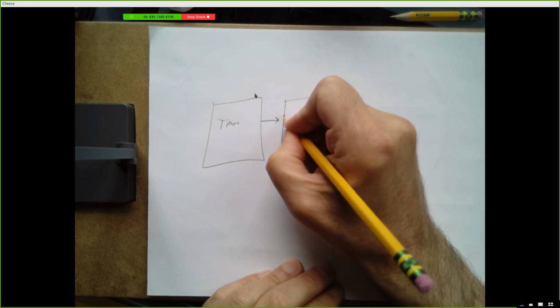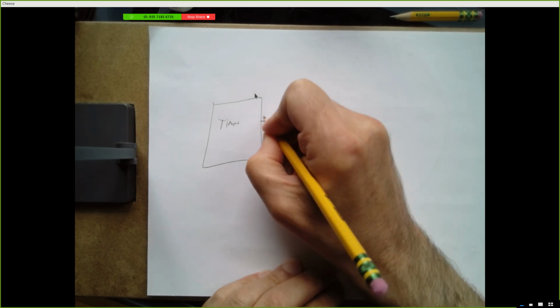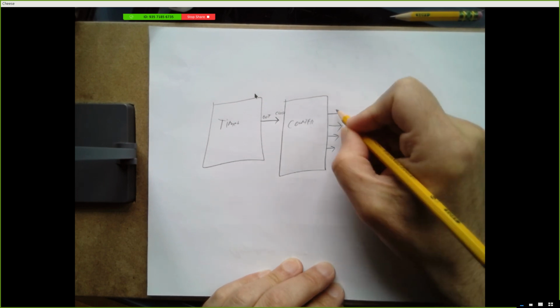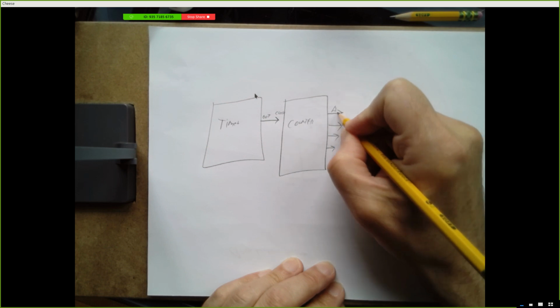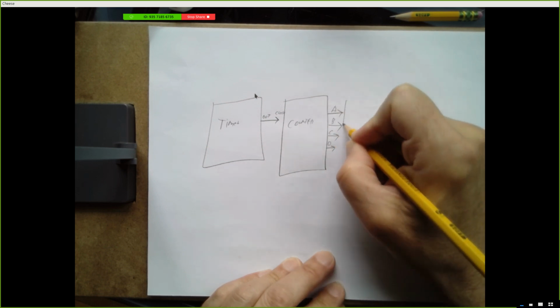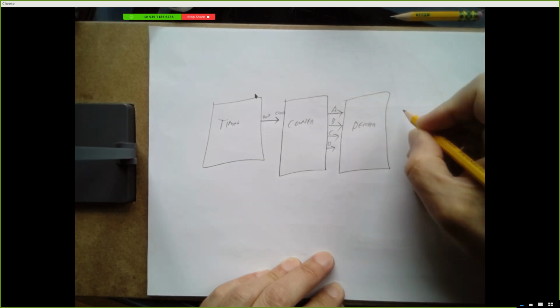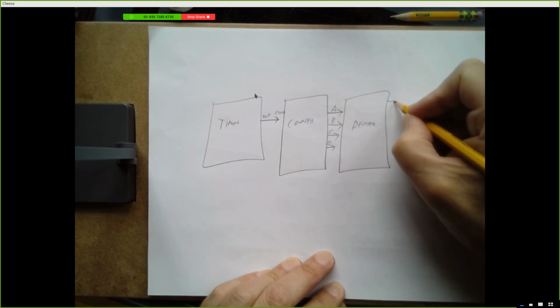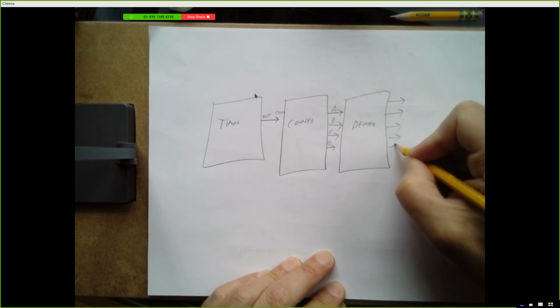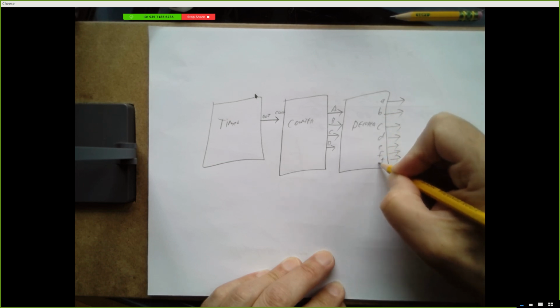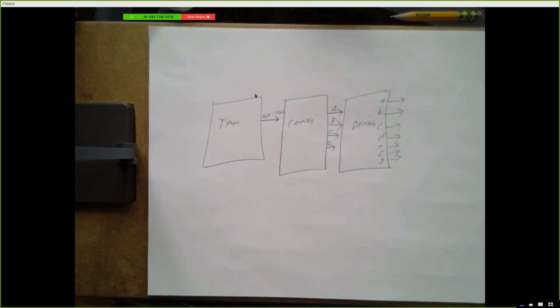So this is your clock, this is your output, and your counter has 4 outputs, which we'd call, you know, A, B, C, D, and those go into a decoder, and that generates 7 outputs, which are A, B, C, D, E, F, G. Right. So that's a more detailed system diagram than just a single box, right?